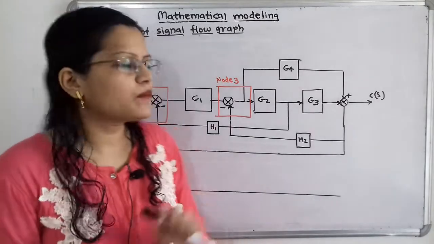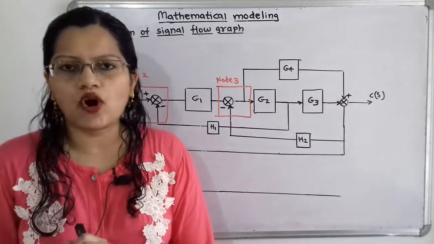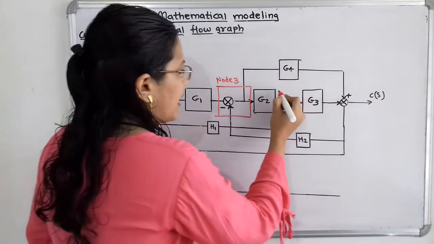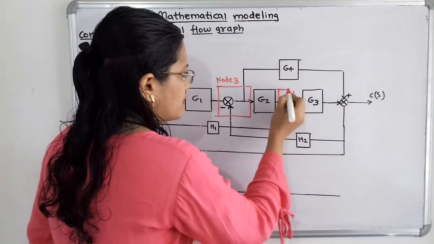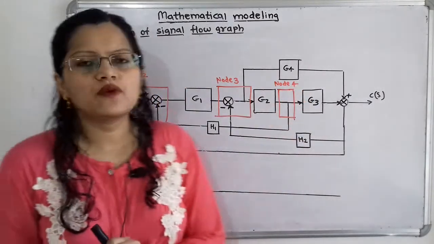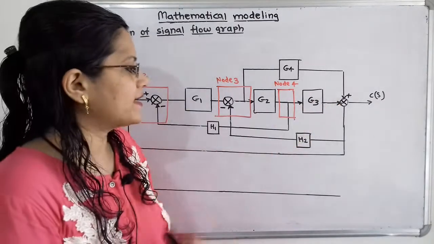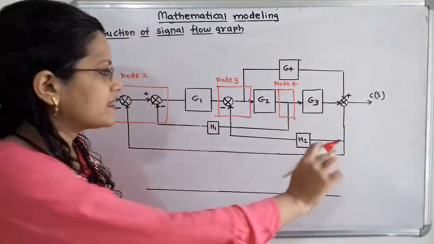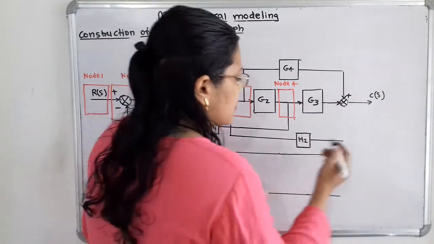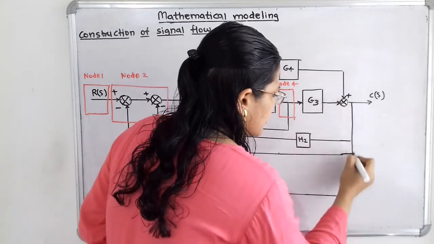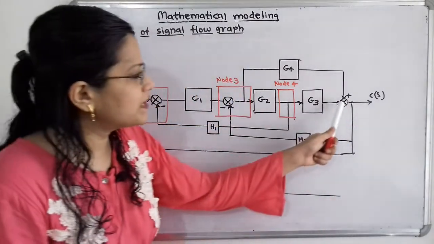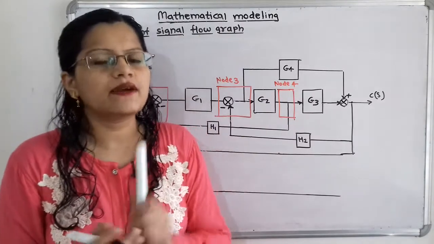Now next, in between block G2 and G3 there is a takeoff point. So for this takeoff point we have to consider again one single node. I will consider here node 4. Now if we move next, there is a summing point, and at this summing point there is also a takeoff point. After this summing point there is a takeoff point, and in between the summing point and takeoff point no block is there.